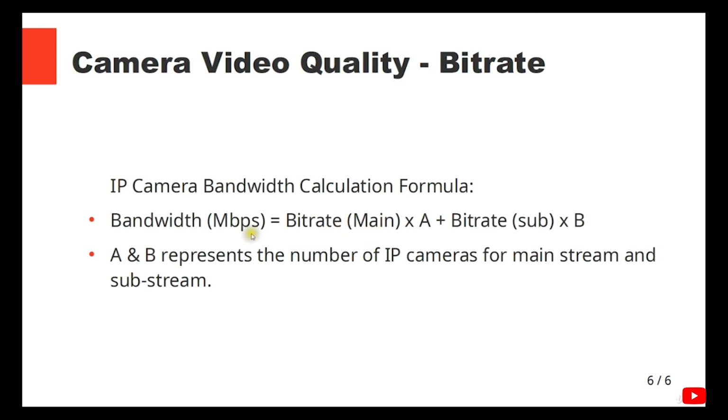You take the bitrate from the mainstream, which as you remember in those settings I think was around 2048, and multiply by the number of cameras. Then you add the substream, which was I think 1024, also multiplied by the number of cameras, and you add them together, and this will give you the required bitrate.